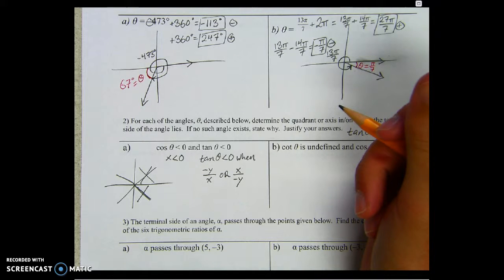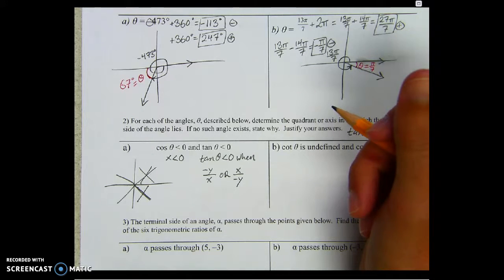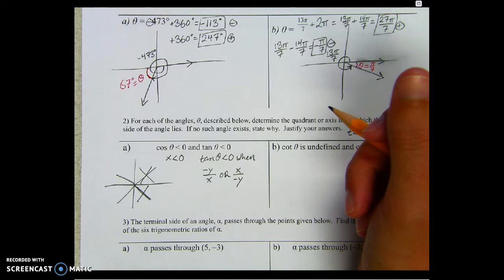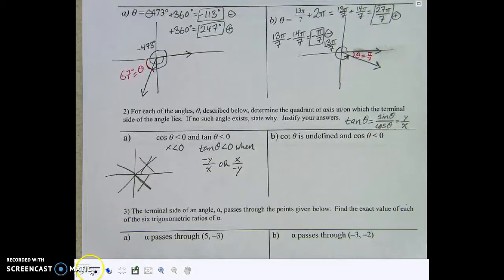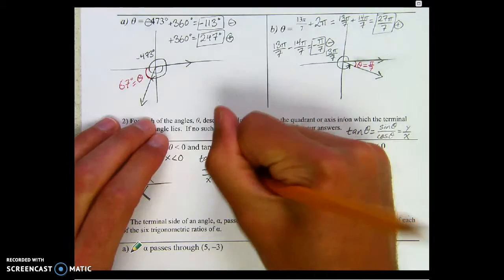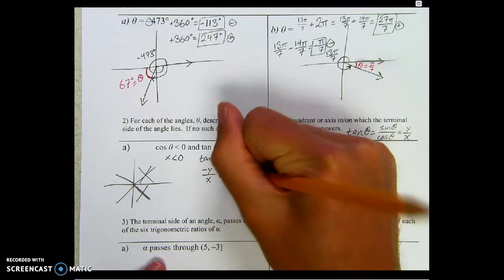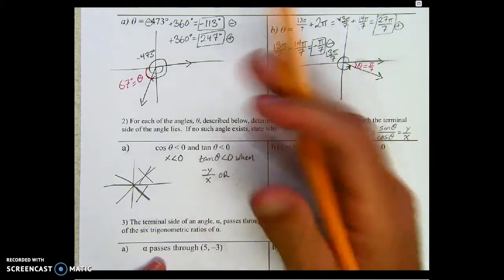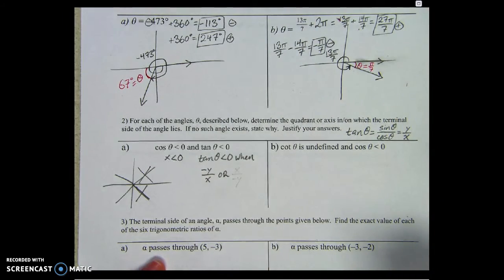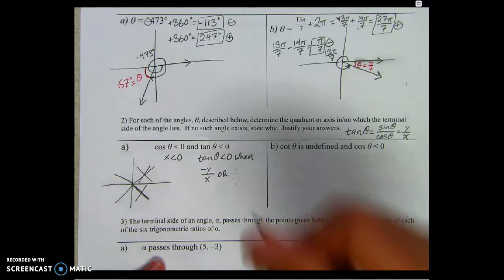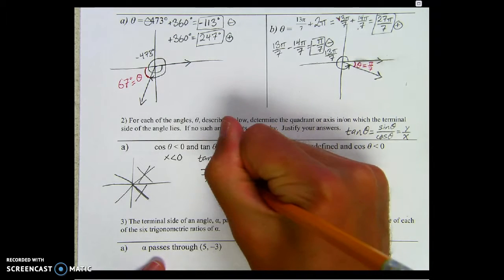Wait, hang on, that's not right. Okay, I did something silly. We're dealing with tangent, and tangent is sine over cosine, or we said over here y over x, right? So it's either negative y over x or positive y over negative x.